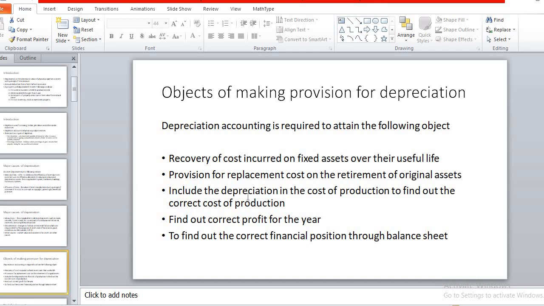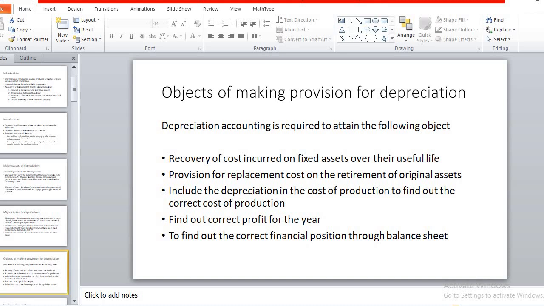So while using depreciation, we can find out the actual or correct cost of production. Otherwise, some factors are not considered, for example machine deterioration or other causes, which we cannot consider in the cost of production.